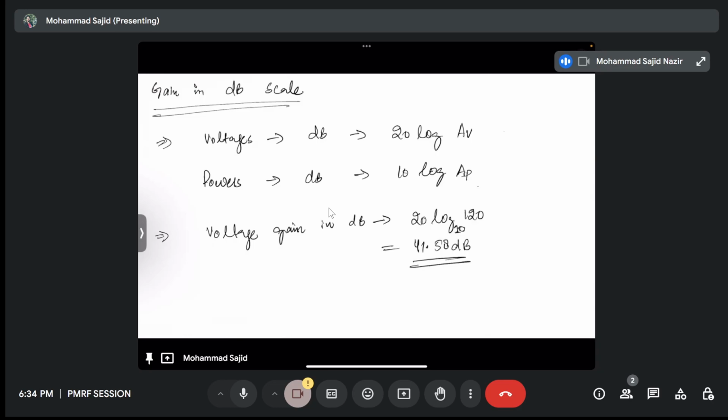Now if you have to calculate the gain in dB scale, if you use voltage, then you need to use 20 log Av, and if you use power, then you need to use 10 log Ap. Voltage gain in dB is okay. Input and output resistance, again we know how to do this, and this is the equivalent circuit with the test source, and then calculate.